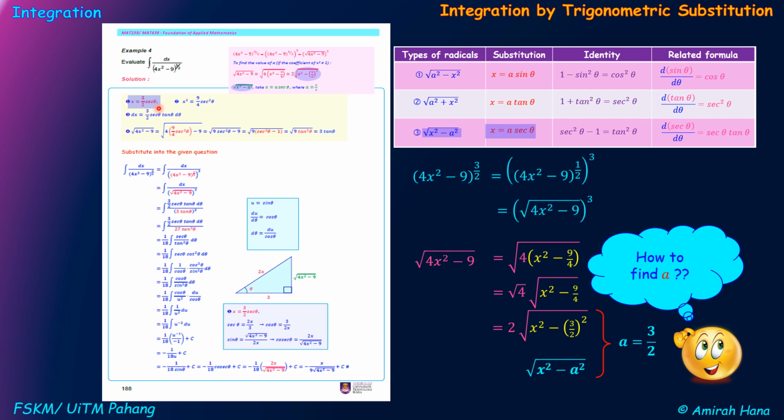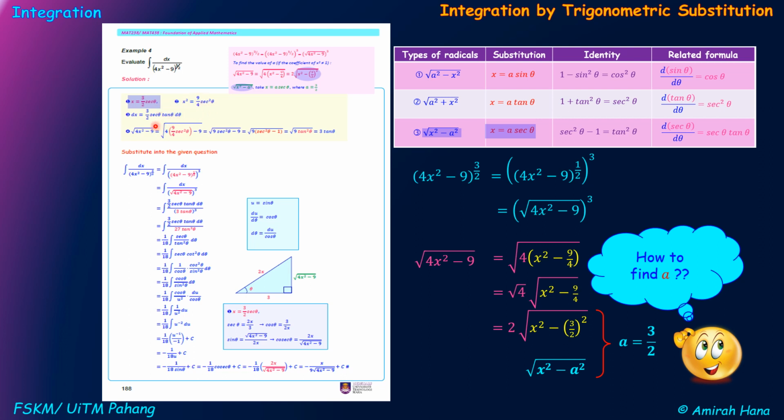After we choose the correct substitution for x, we need to find x². Because in trigosub, our question usually has a radical and x². So we find x² first. We get 9 over 4 sec squared theta.